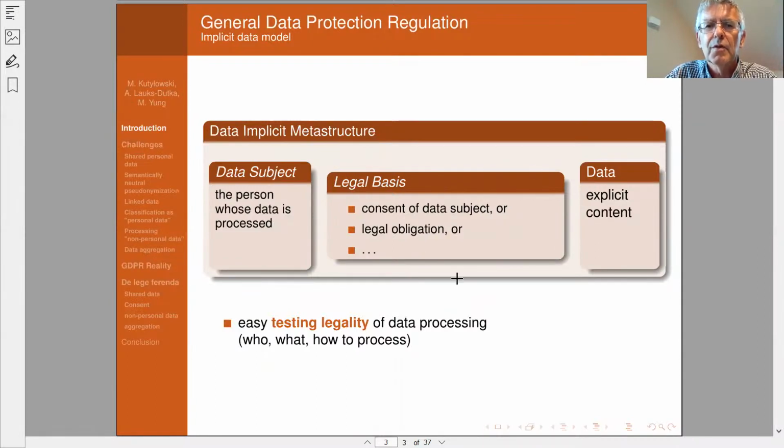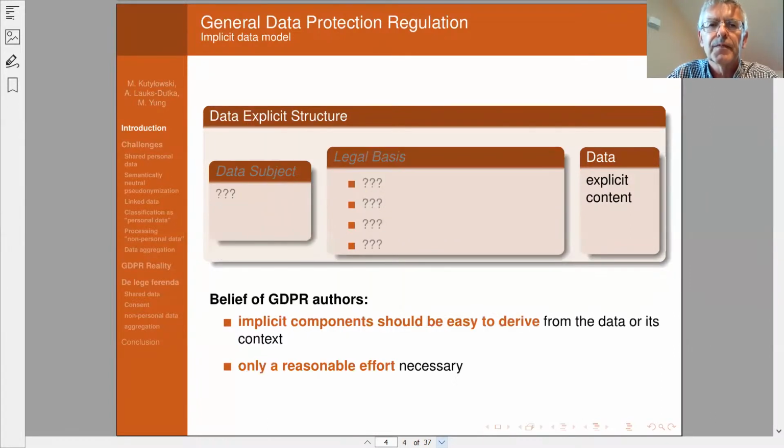Given all these 3 components, there is a simple way of testing legality of data by looking if the data subject matches the consent given, and if the processing matches the legal basis given in this data. Then we can process the data.